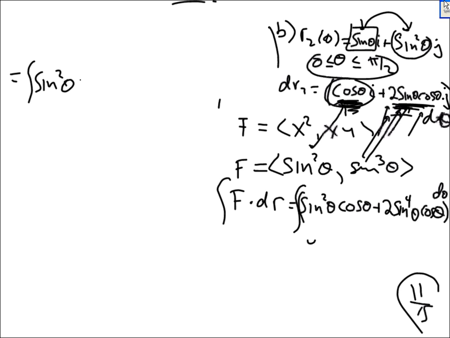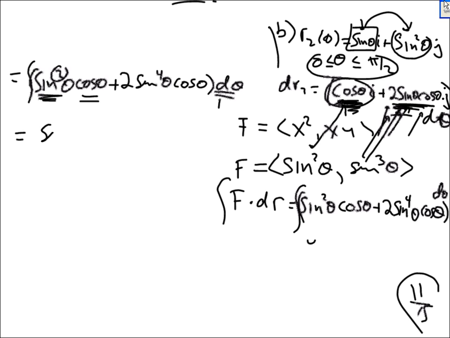If I call sine theta u, this is u squared, and what's left over is du. It's just u cubed over 3 plus the 2 times this integral, u to the 5th over 5.